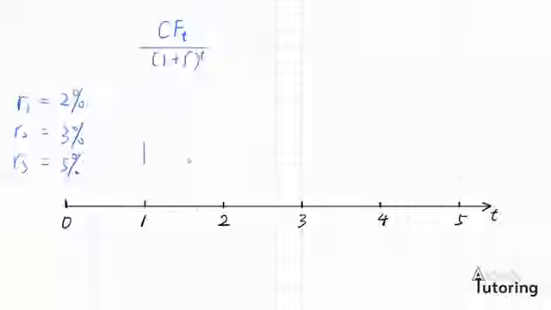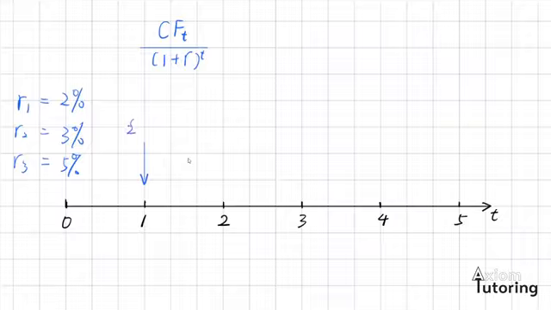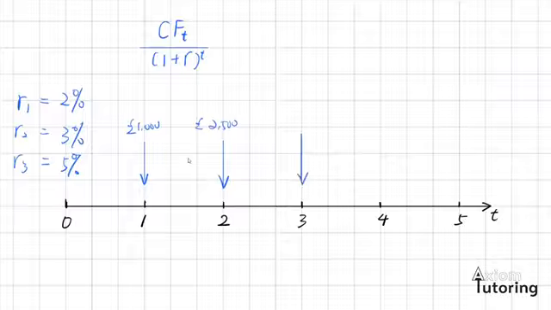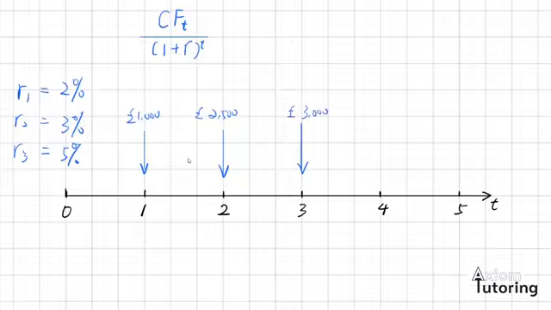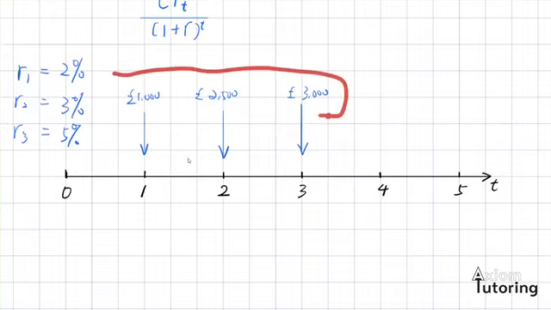For example, at time t equals 1, I have £1,000 as an income, at time 2, I have £2,500 as an income, and at time 3, I have, let's say, £3,000. Now, I have a stream of cash flow, right? So what does this stream of cash flow mean to me at present? We're trying to calculate the present value of this stream of cash flow. How do we do that?